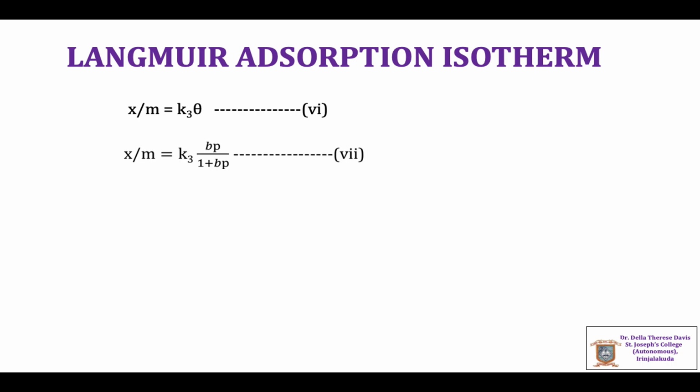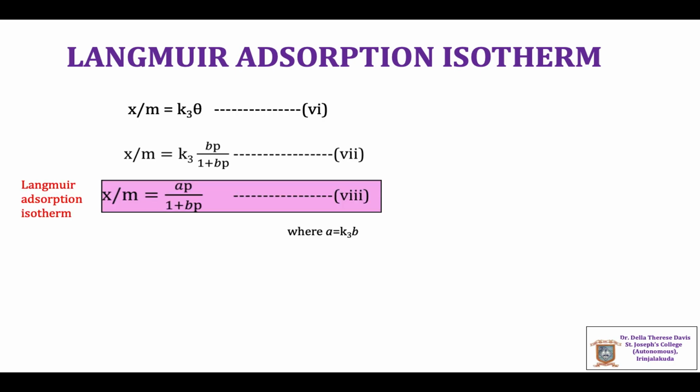Substituting for theta in this equation 6, we get x by m is equal to K3 into BP divided by 1 plus BP. This equation can be written as x by m is equal to AP divided by 1 plus BP, where A is equal to K3 into B. A is another constant.